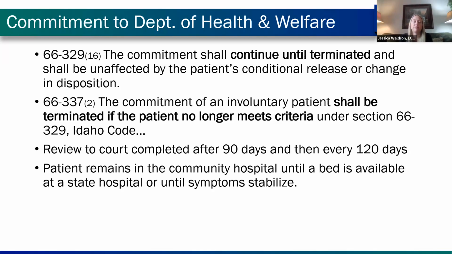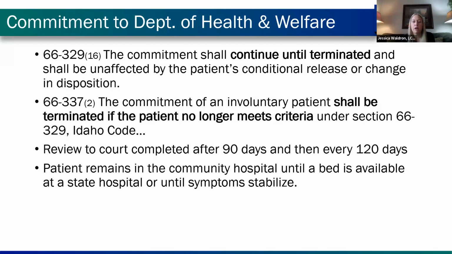So then the court oversees the reasons why that commitment still needs to be maintained. And if they disagree with that, then that commitment ends up terminated. So it doesn't allow for any one individual or one entity to have total control and decision making. Make sure that we're following the law.